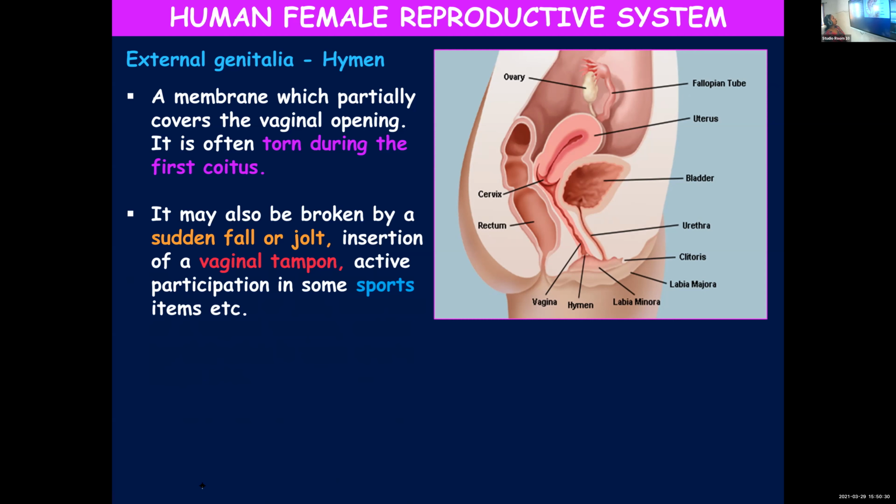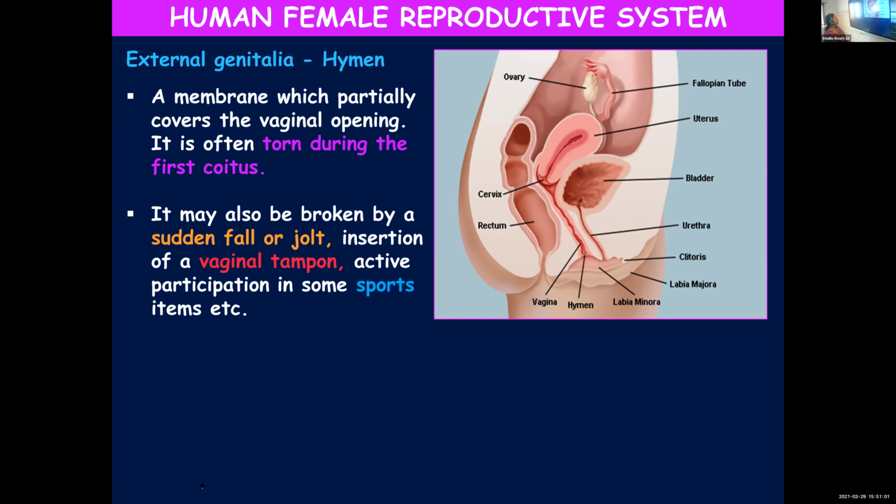It may also be broken by a sudden fall or a jolt. Jolt means some shock. Also by insertion of vaginal tampons. A vaginal tampon is used during menstruation. It is just like a sanitary pad, but sanitary pads are placed outside, whereas tampons are inserted into the vaginal opening, so the hymen can get damaged.